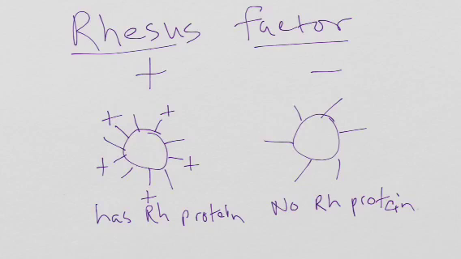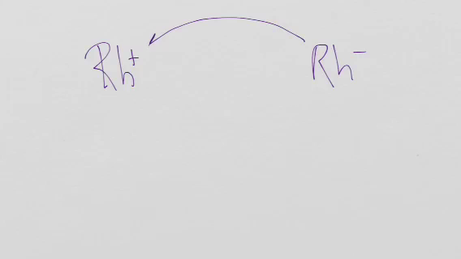Okay, so when we're talking about blood donation and the receiving of transfusions, it's really important that we consider Rh plus and Rh negative. Rh negative can donate to Rh plus, because the body will not see it as foreign.